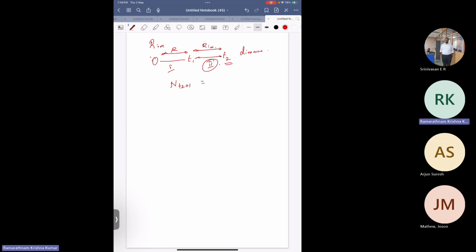So T2 plus 1: how will you write this? R immune times N_T2, minus T immune.